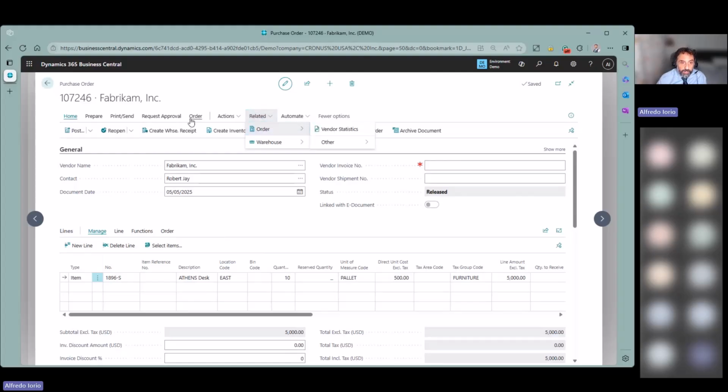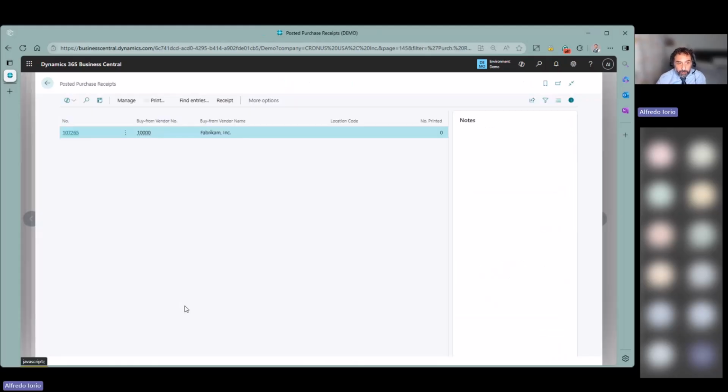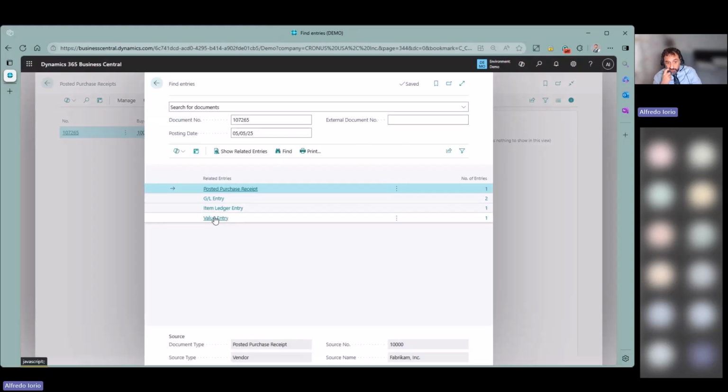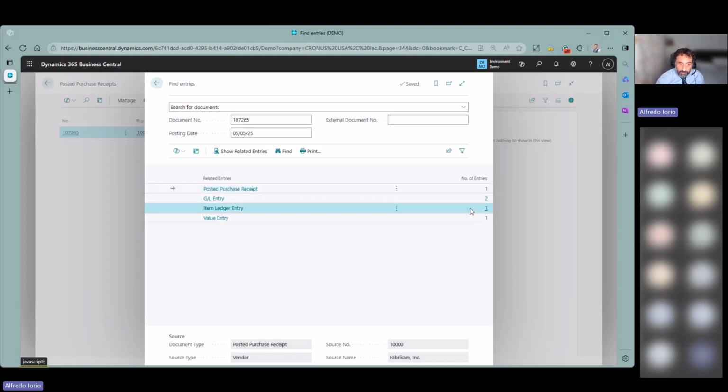So if I look at the receipt, which is a posted purchase receipt, and I click on Find Entries, this is where the two subsidiary ledgers and the general ledgers are going to be linked to, right? And here we can see it. I see the item ledger entry, remember the subledger.